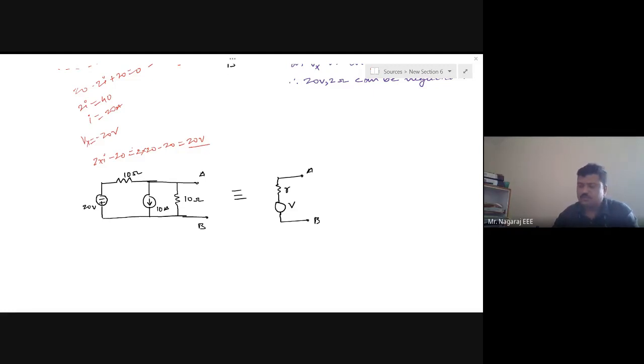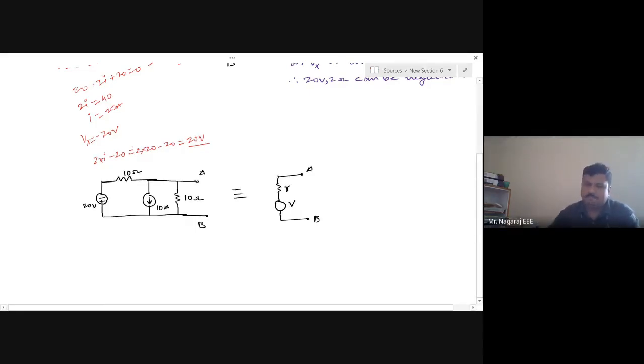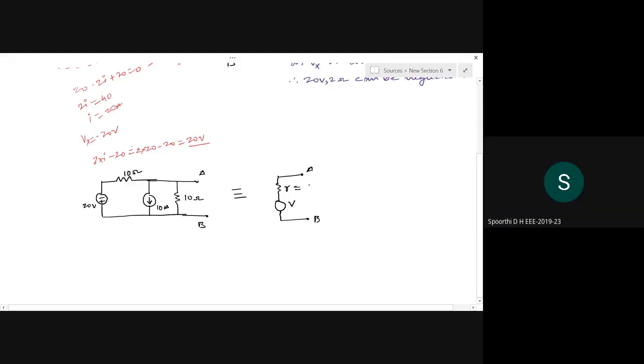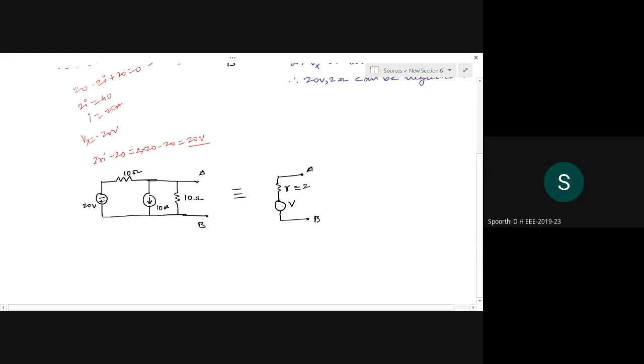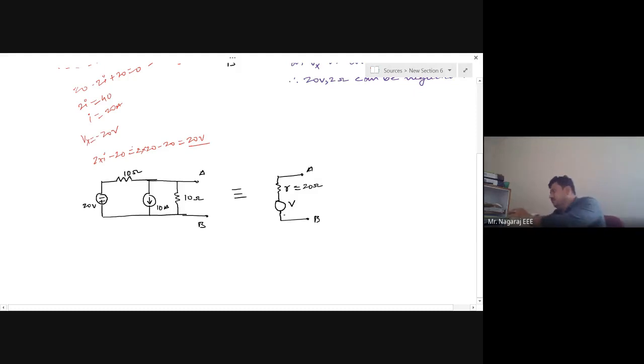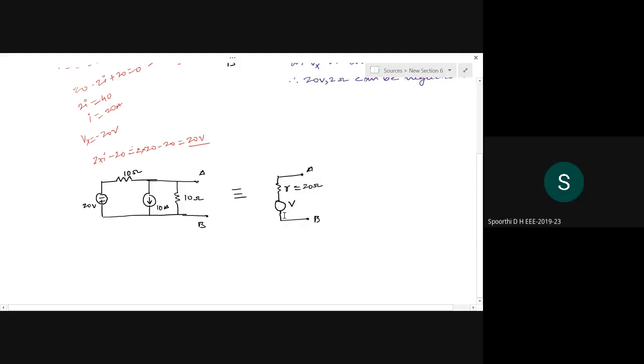Spurti, are you there? Yes, sir. Tell me the answer. What is the value of R? Sir, 20 ohm. R is 20 ohm. Yes, and what is the voltage value? 19 volt.